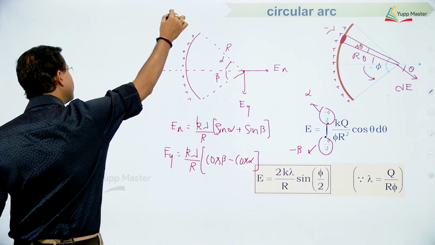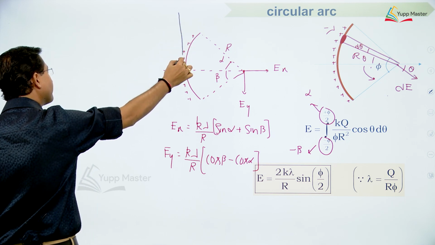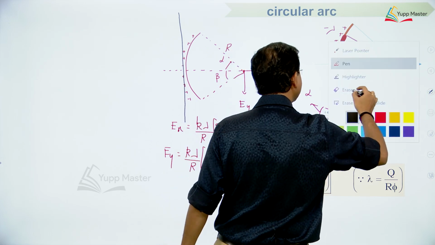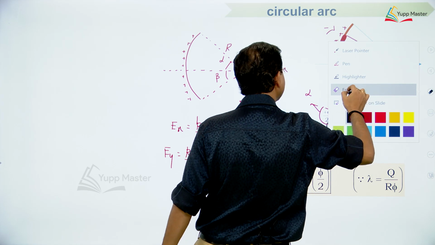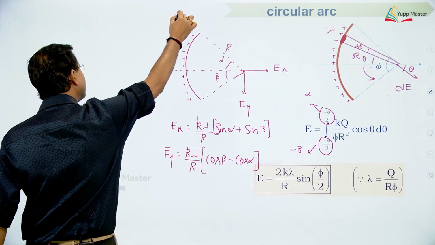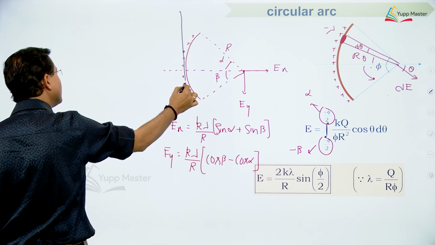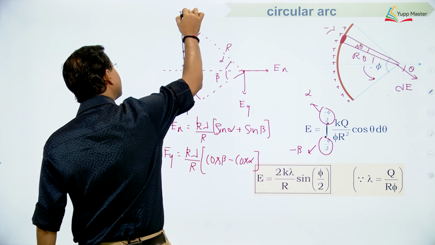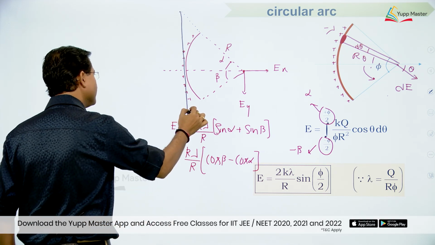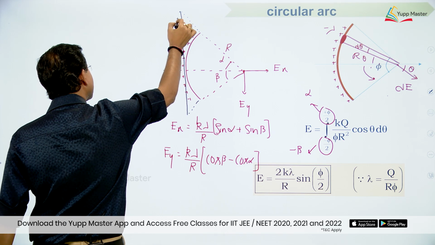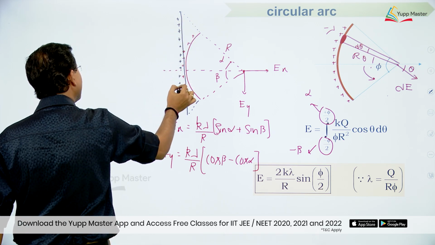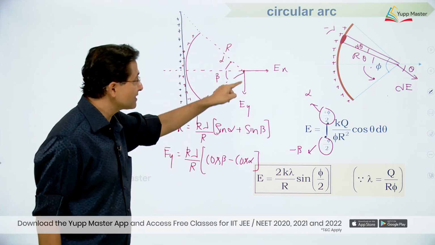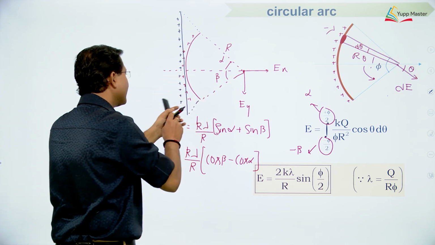If I place a rod, visualize a rod here, if I join, so I have got a positively charged wire or rod which is subtending angles alpha and beta at this particular point, the result is the same. The perpendicular distance is still r, this distance is r, right.